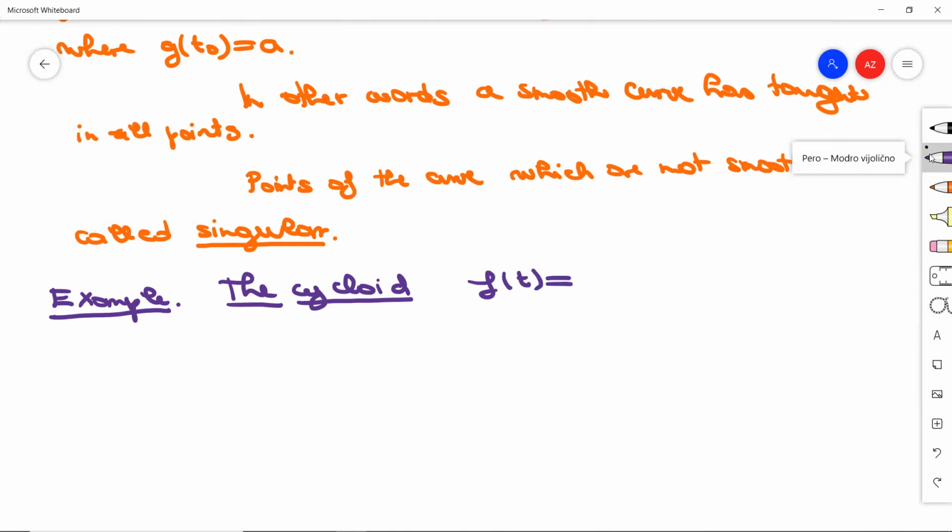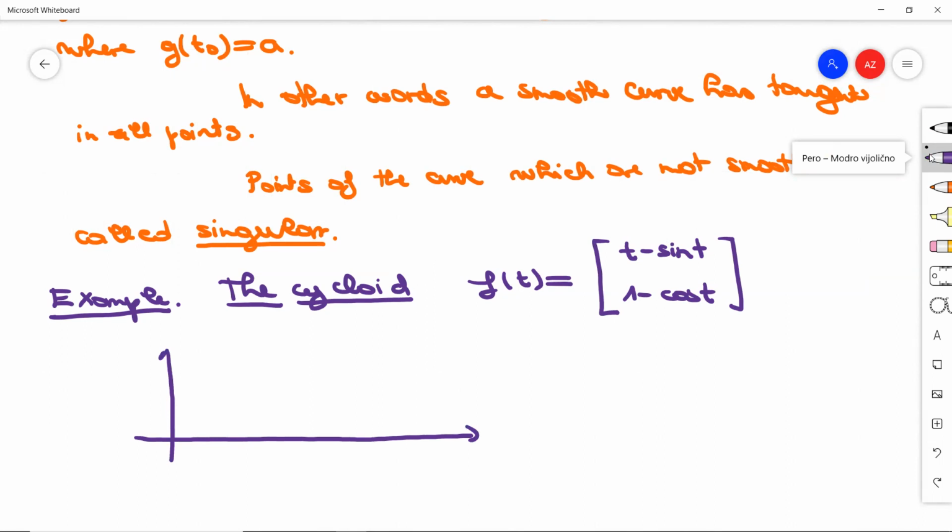Let's take that the radius of the wheel is 1, which means that then it's (t minus sine t, 1 minus cosine t). This is one specific parameterization of the cycloid. And let's recall the image, the trace of the cycloid. So it's this curve.